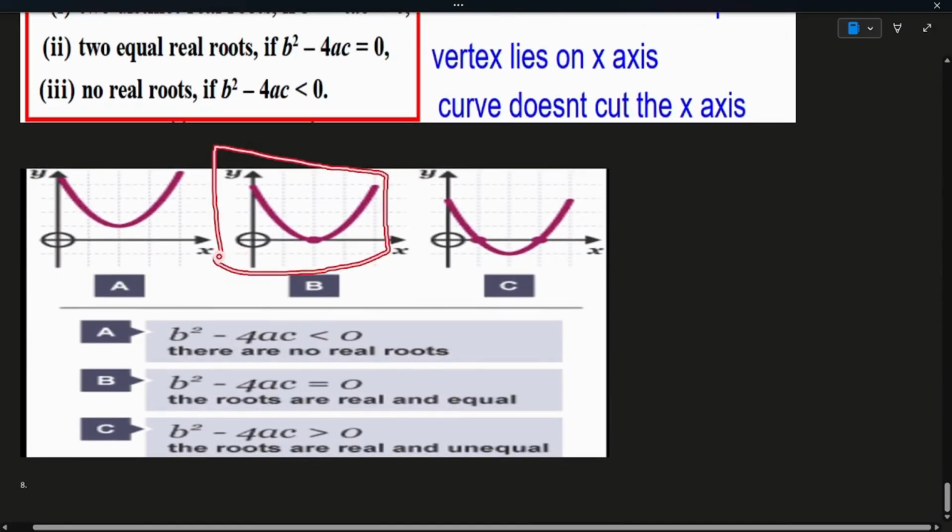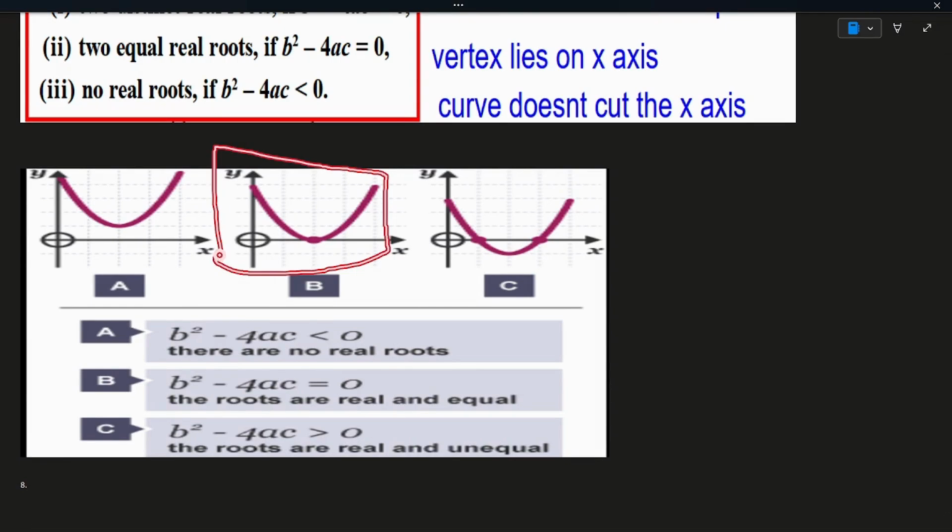When the two roots are the same number, we'll get this kind of graph. When two roots are different, then we'll get this kind of graph. Why? Because we have two different roots, so it cuts the x-axis at two different points.